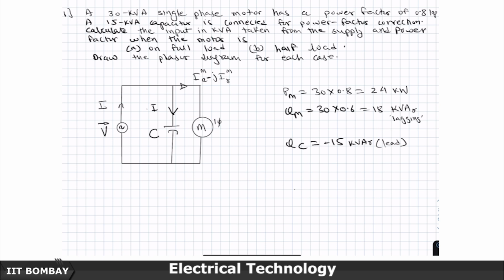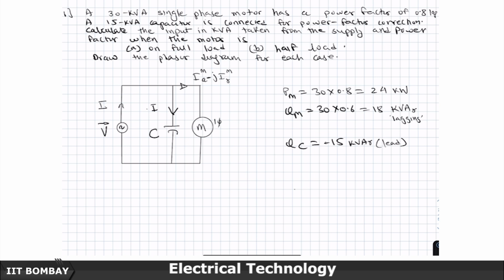Now, what is it that is asked of us? Calculate the input in kVA taken from the supply and the power factor when the motor is A, on full load, and B, on half load.